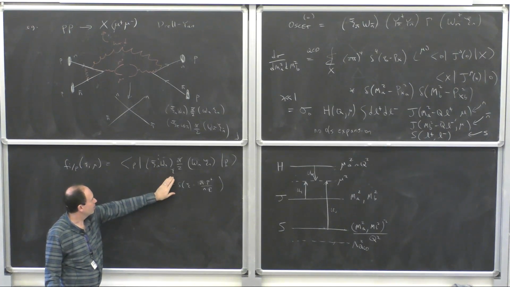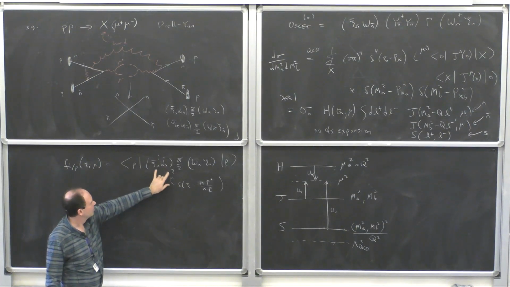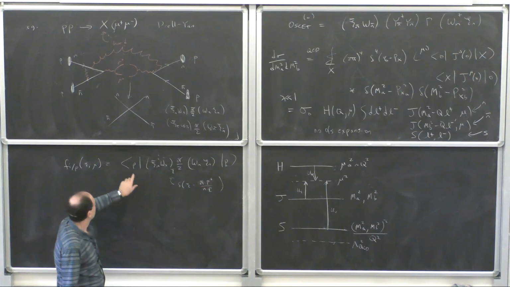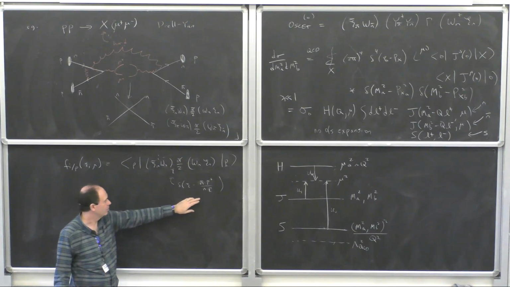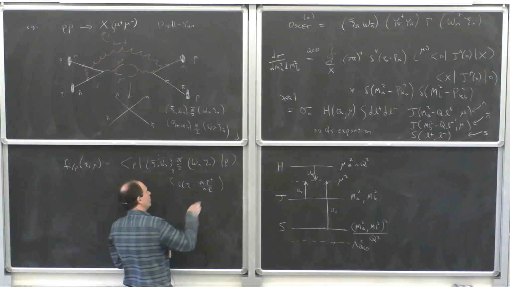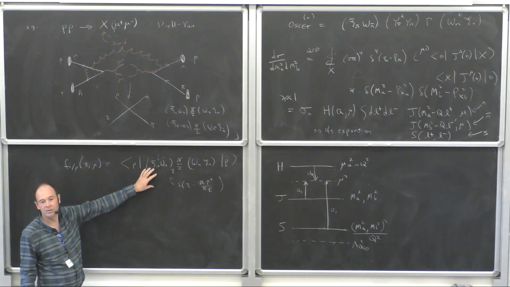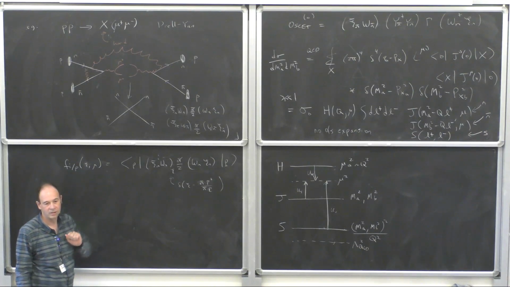The momentum of that combination is a gauge invariant thing. It makes sense to talk about it. And this one gets fixed by the overall momentum conservation, so we don't need a separate label for it. That's the quark momentum fraction ξ inside the proton, so we normalize to the total proton momentum. So this is the matrix element of the PDF. If you look it up in some book, it's sometimes written as an operator definition in position space, and this is the Fourier transform of the formula you might find for the parton distribution function in a book.